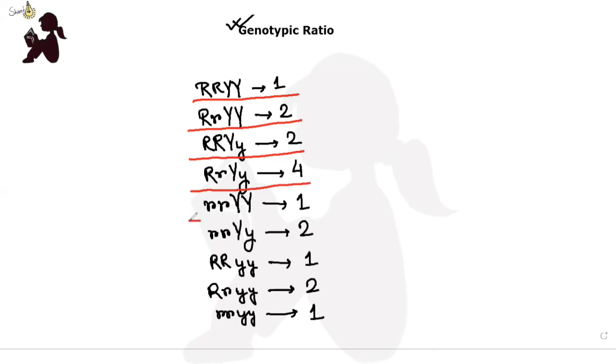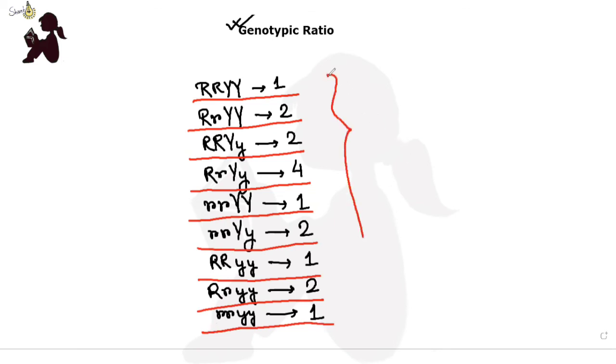Small r capital Y in 1. Small r capital Y small y in 2 number. Capital R small y in 1 number. Capital R small y in number 2. Lastly, small y in number 1. So these are the genotypic ratios of Mendel's dihybrid cross.